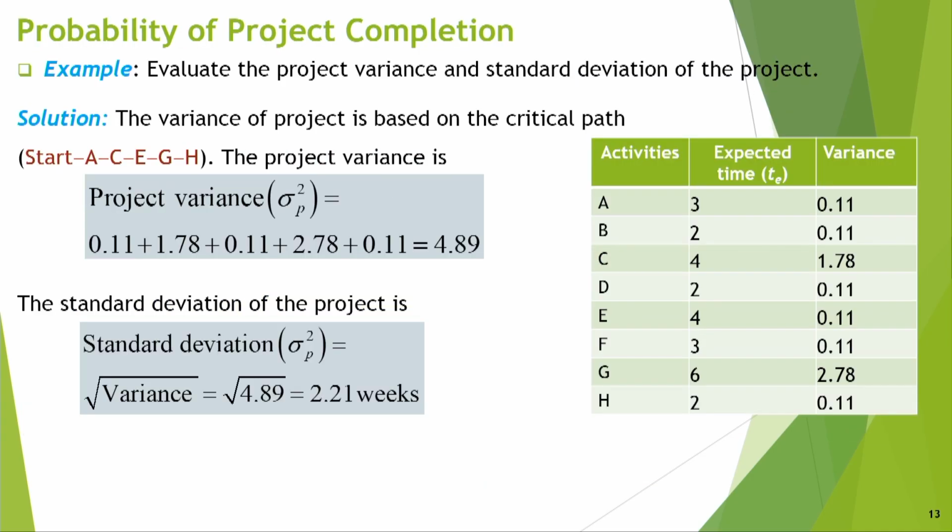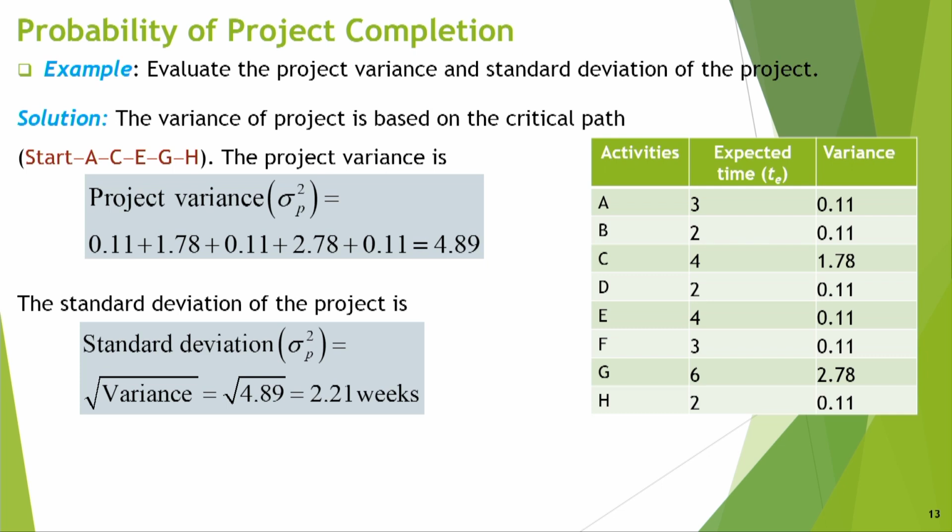So, example: evaluate the project variance and standard deviation of the project. These activities have been given, and I have not made the network diagram. I assume that you can make it nicely. I am just stating, let us say the critical path is this one, start, A, C, E, G, H. So, variance of project is based on the critical path.